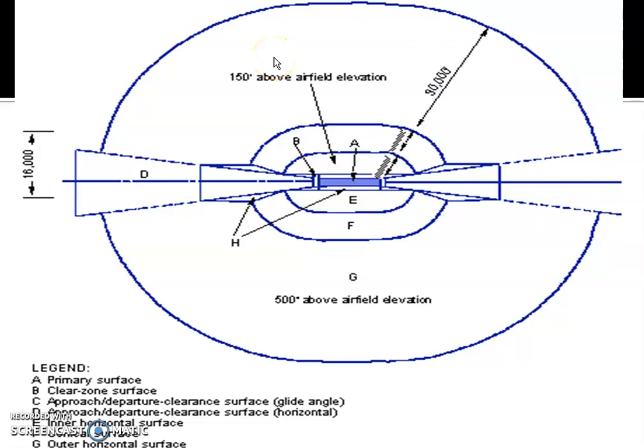This is the outer horizontal surface. And on either side of the runway, not from the end, you call it a transitional surface. So all these are the imaginary surfaces which should be free from obstruction for the easy landing and takeoff of the aircraft.